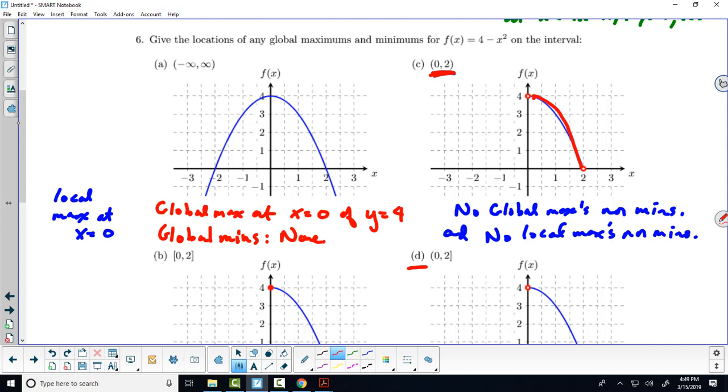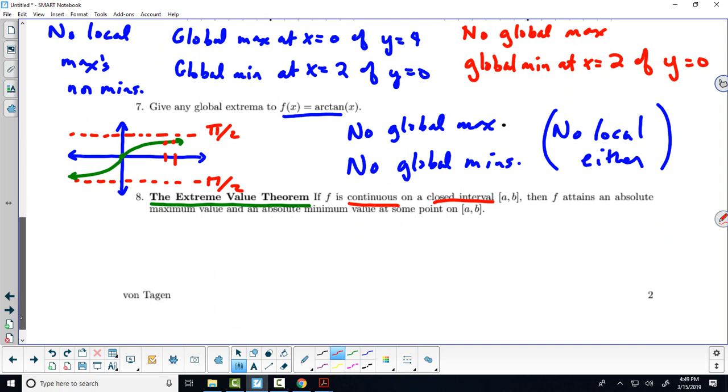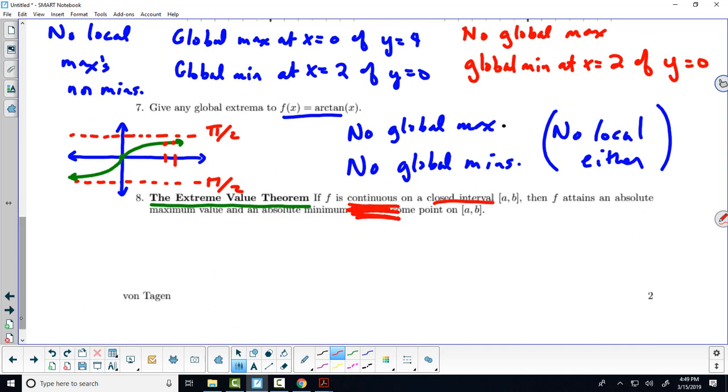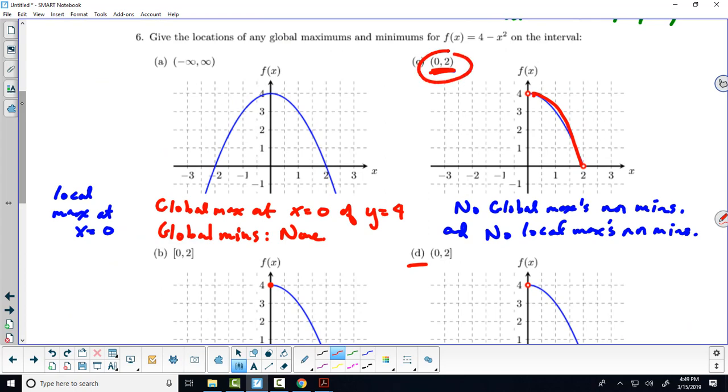What's the issue? Well, if we go back and look at the conditions for the extreme value theorem, it said not only must f be continuous, but it must be continuous on a closed interval. If we go look at this interval up here, we notice that this interval was not closed.